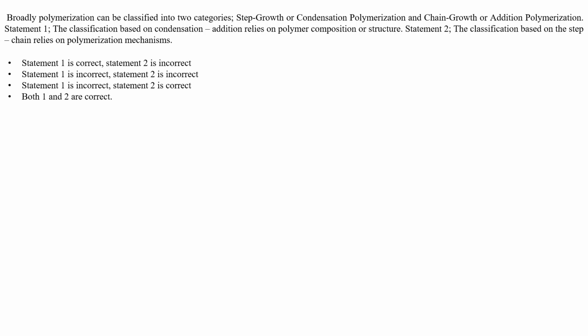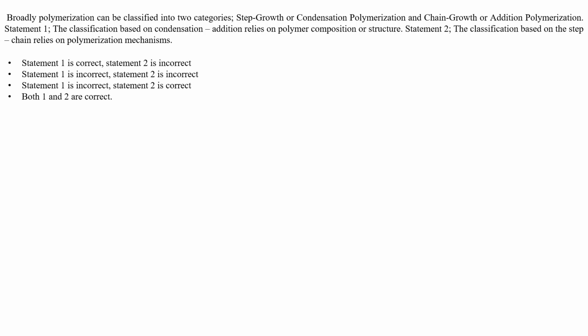So statement one is the classification based on condensation addition relies on polymer composition or structure. And then statement two is the classification based on the step chain relies on polymerization mechanisms. So clearly we can see that the step growth or the chain polymerization reaction is clearly based on the mechanism of how it is proceeding forward.